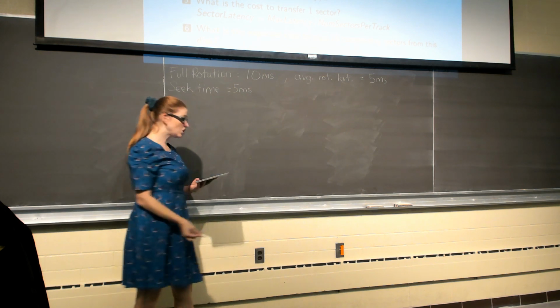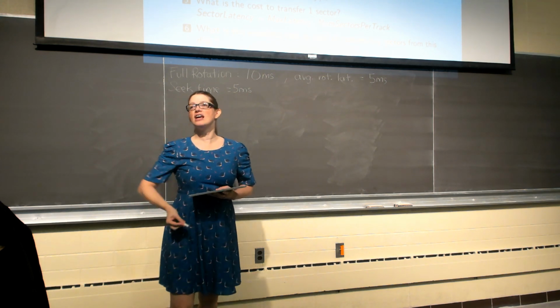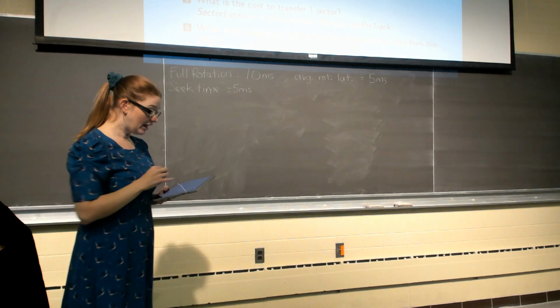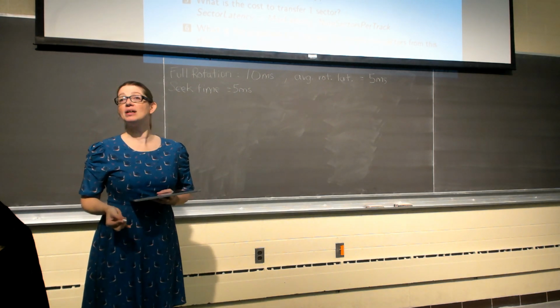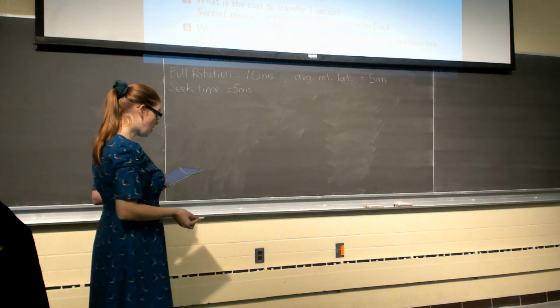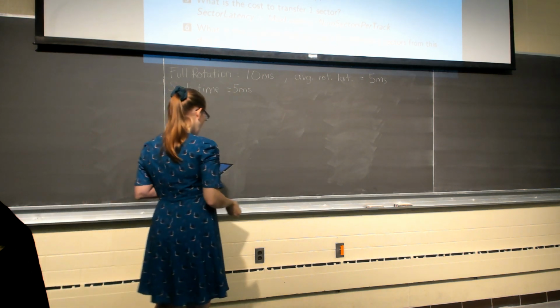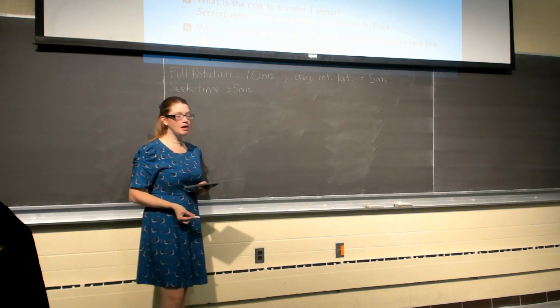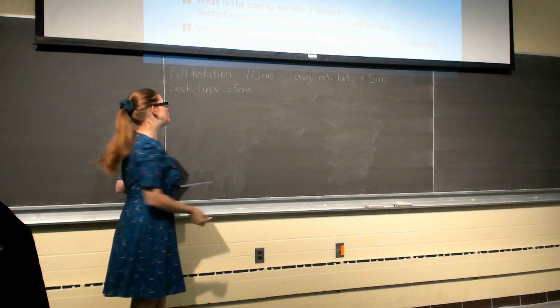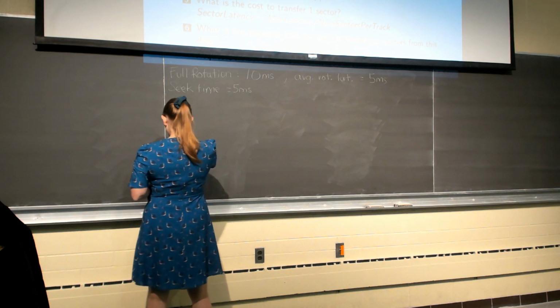And now we need to actually compute how long it takes to transfer 1 block of data. In order to do that, we need to figure out how many blocks actually fit on a track. So we start by looking at the capacity of each track.